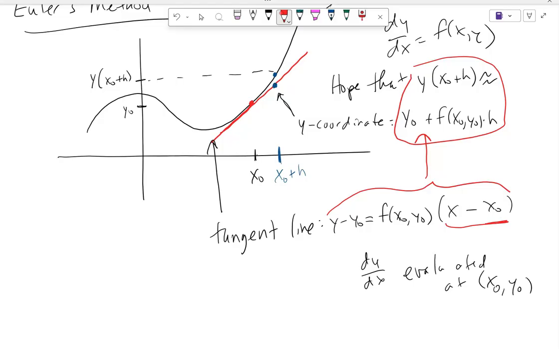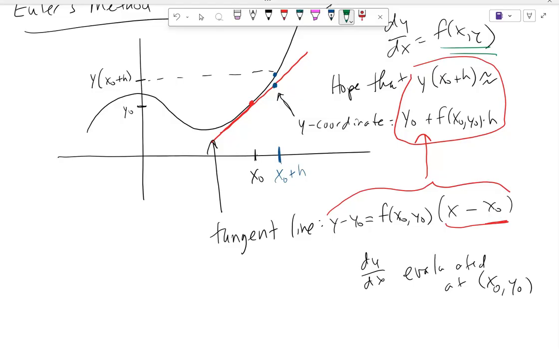If that's a point on the curve, literally do the exact same process again. Assuming that point is on the curve, we find the tangent line at that point. It's not quite on there, but I can approximate its slope because I have a function that says if I have an x and a y, I can get the slope.